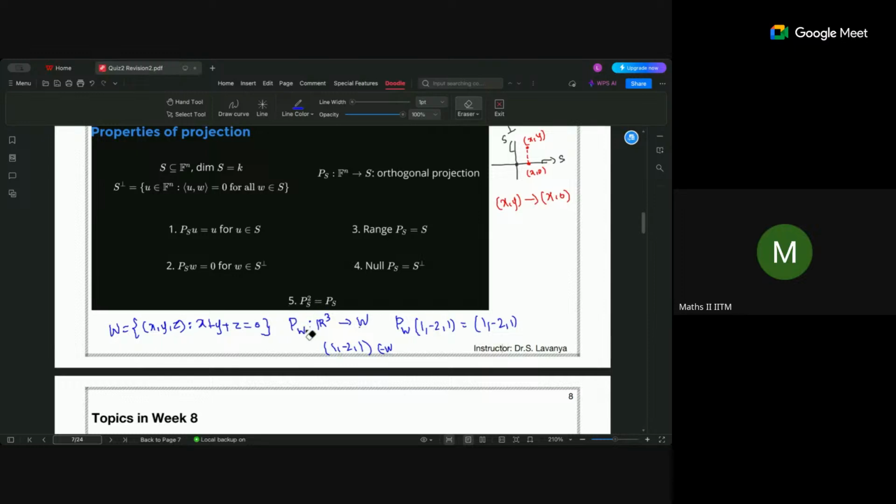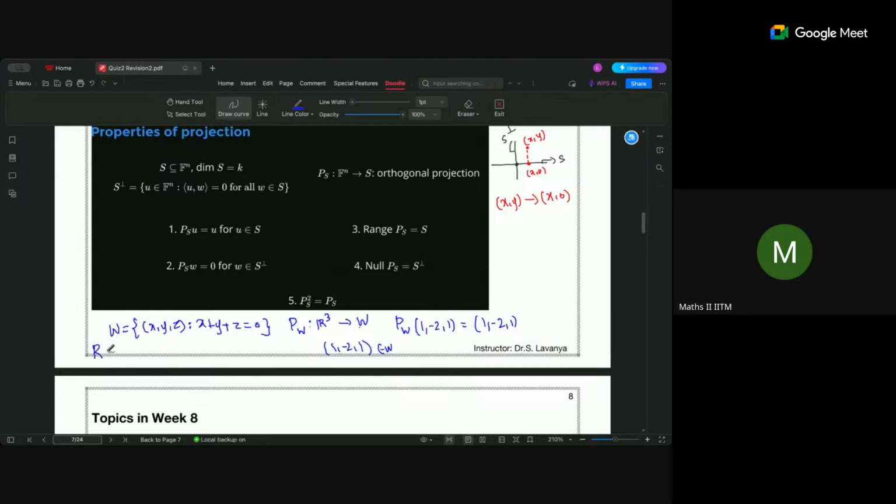So what is the range of this projection? Look at the properties here and answer.